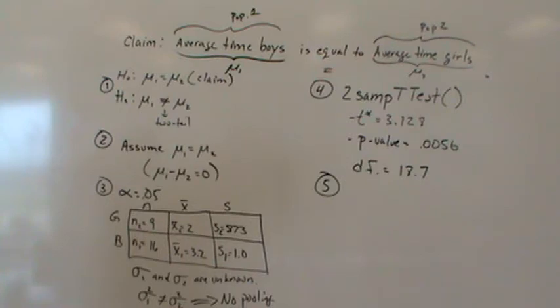And then what I'm going to do is use, again, the degrees of freedom, the minimum value. So I'm going to use 8. I'm going to stick 8 in here. And I get 2.306.